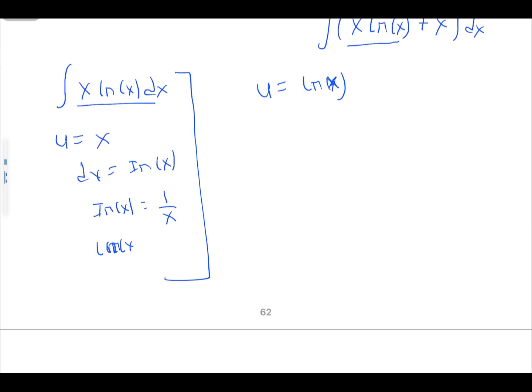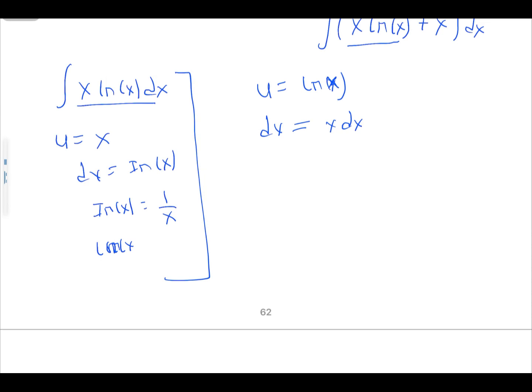So let's emphasize the point that always choose u for a function that can be easily differentiated, and choose dv for a function that can be easily integrated. And therefore we can say that ln x is easy to differentiate, and then dv, which is equal to x dx, will be easy to integrate.